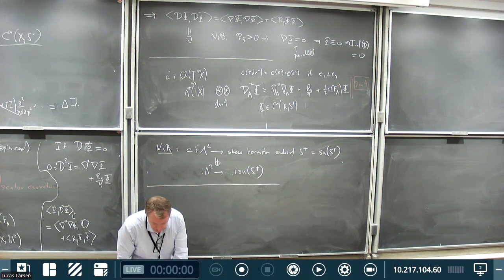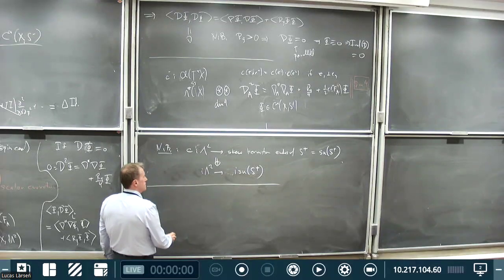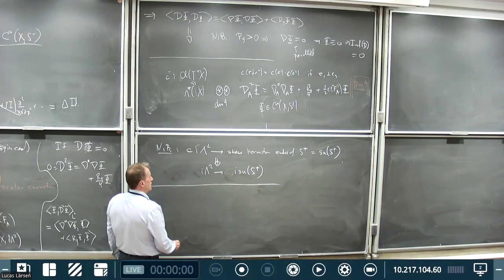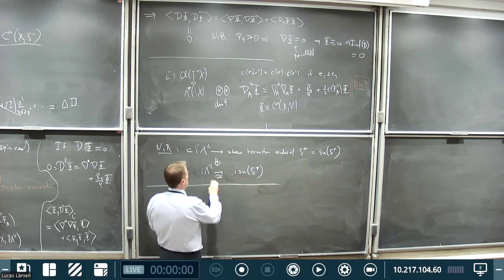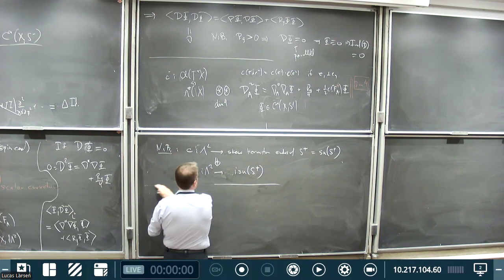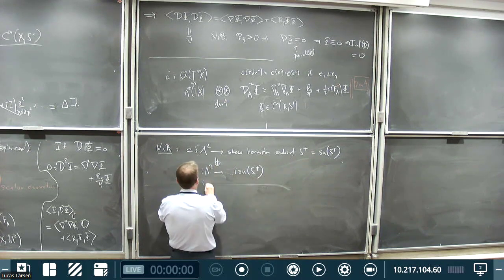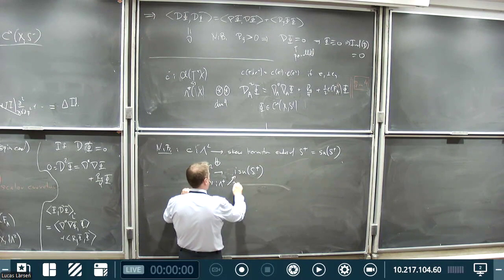Okay, now there's a little more magic that happens. In fact, this Clifford multiplication, there's a map like that, but in fact it factors through the projection to lambda plus, and this map is an isomorphism.